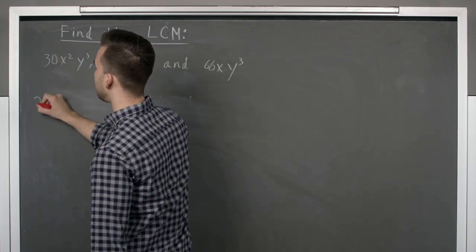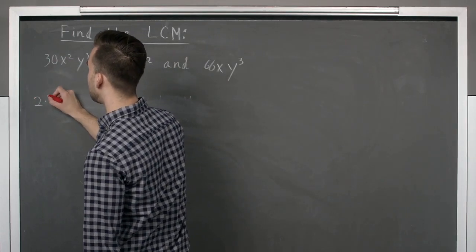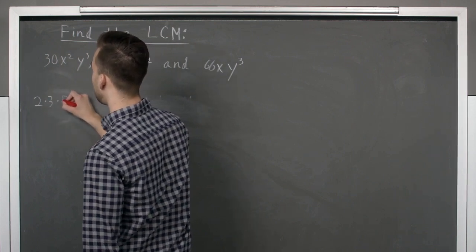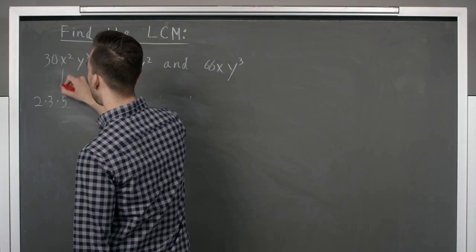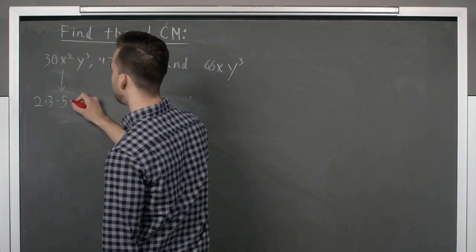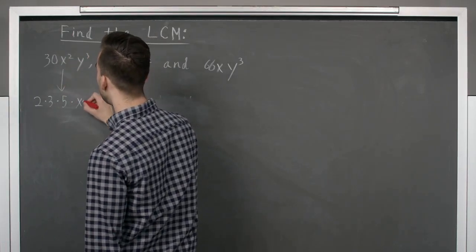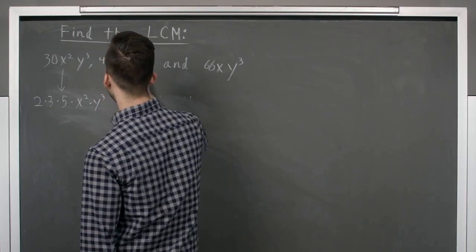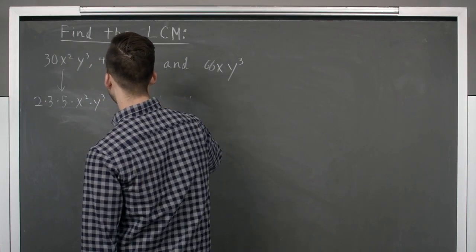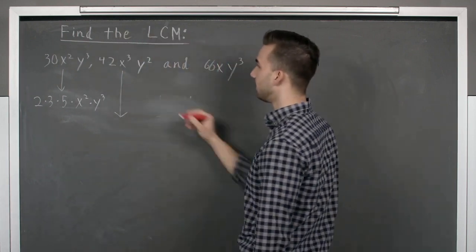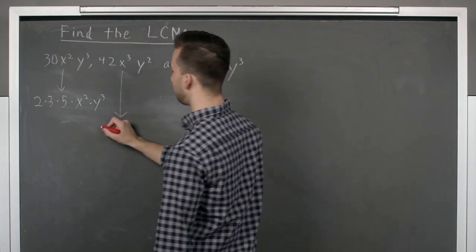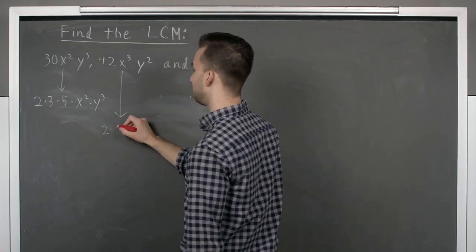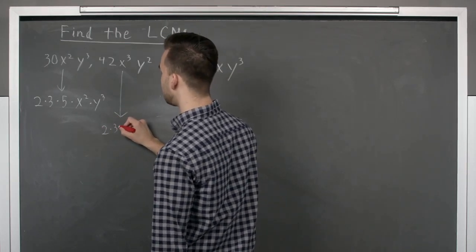So 30 is 2 times 3 gives us 6 times 5 gives us 30. And then we have times x squared times y cubed. Then for our second term, what's 42 divided by 2 gives us 21. What's 21 divided by 3 gives us 7.